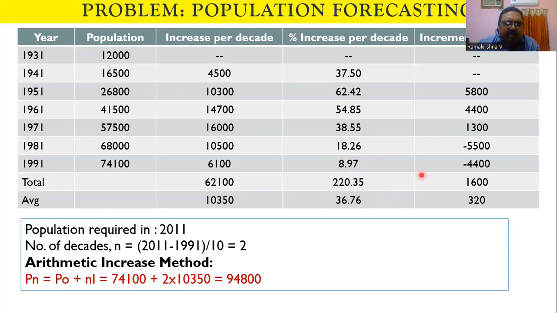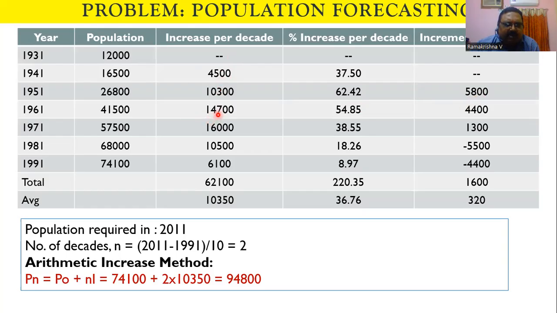Then we'll also see the incremental increase. What is the meaning of incremental increase? Here in the third column, the first increase is 4,500, then the increase is 10,300. There is a positive growth from 4,500 to 10,300. The difference is 5,800, we are writing here.